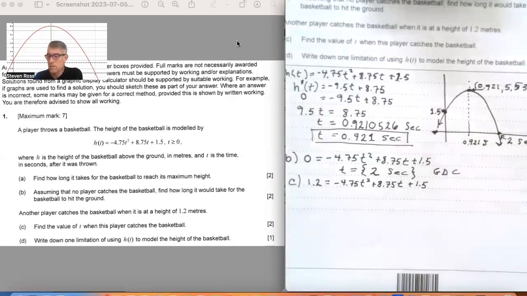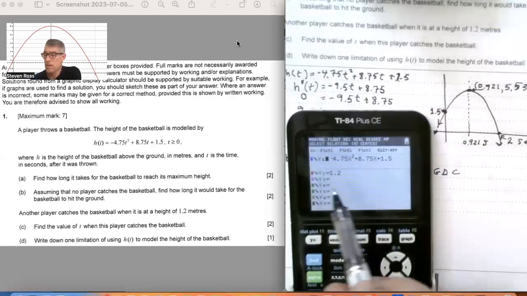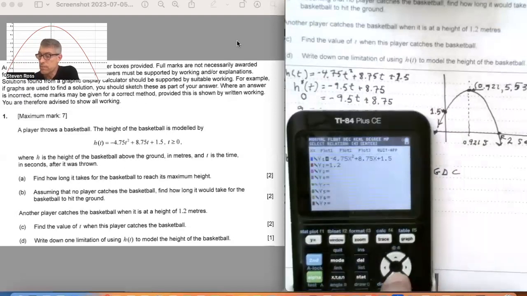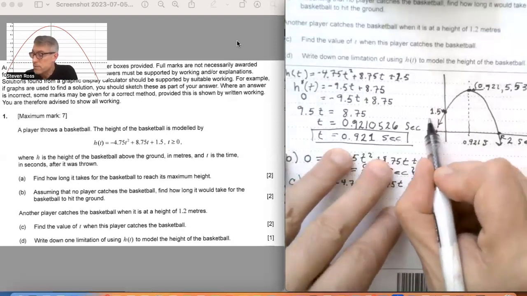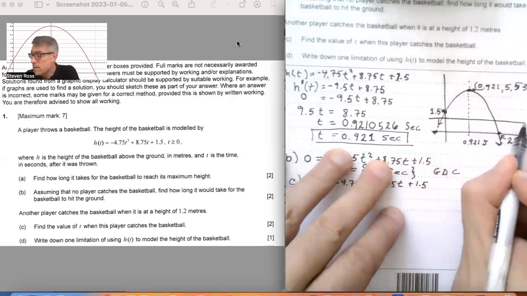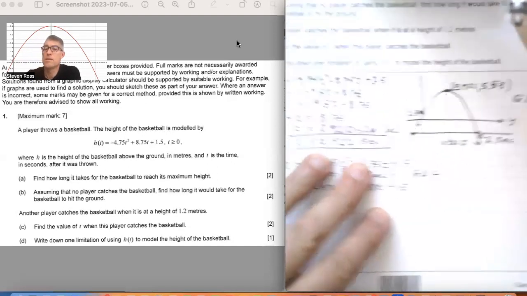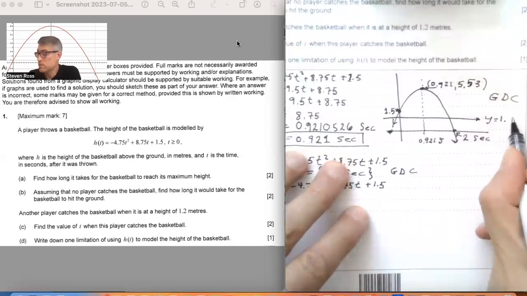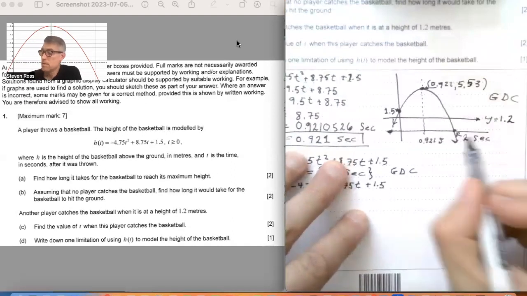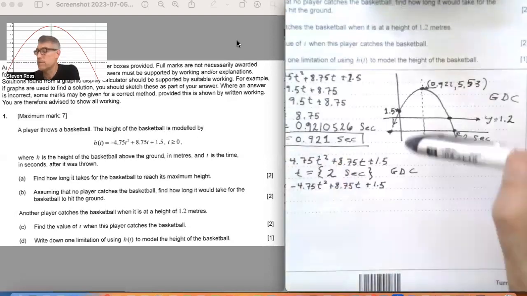So I'm going to use the good old graphics display calculator to finish this question up. And I think what I'll do is I'll go to my grapher, and I'm going to graph the horizontal line of y equals 1.2. So that's going to be the horizontal line that goes right across here. And so I'm interested in where that crosses or intersects the parabola.